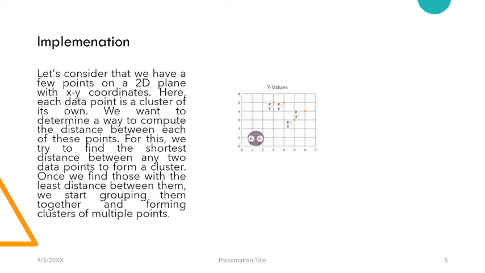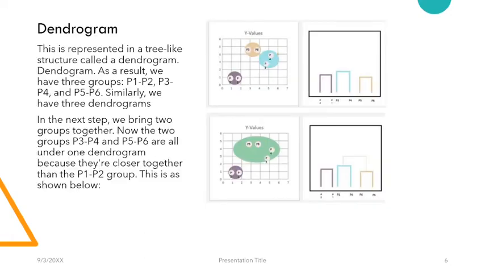For this, one thing we can do is try to find the shortest distance between any two data points to form a cluster. So once we find the least distance between these data points, we can start grouping them together and form a cluster of multiple points.